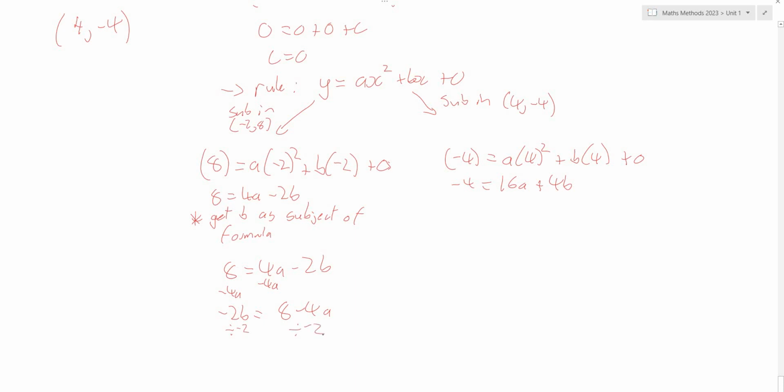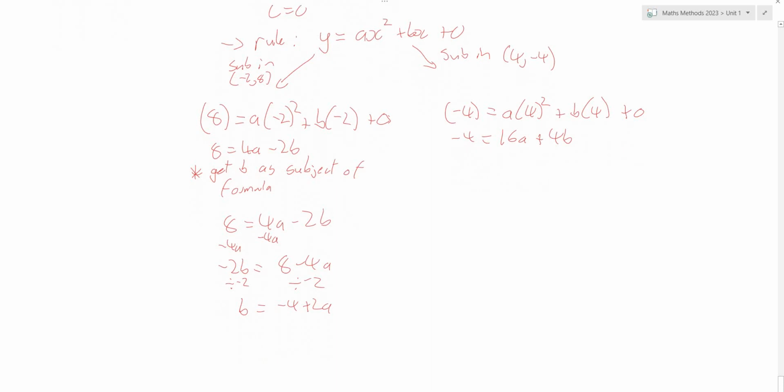So that gives me b equals... What's 8 divided by negative 2? Negative 4. What's negative 4 divided by negative 2? Positive 2. So we end up with b equals negative 4 plus 2a.